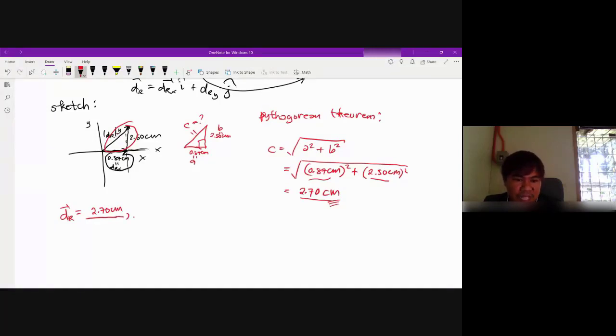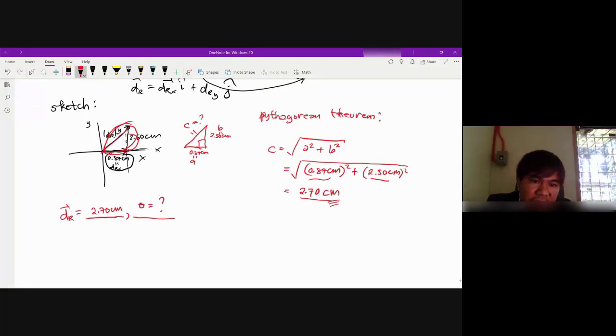Okay, so the remaining problem is the direction, theta. What is theta? So now, let's go back to the sketch there. Here, we draw this right triangle.